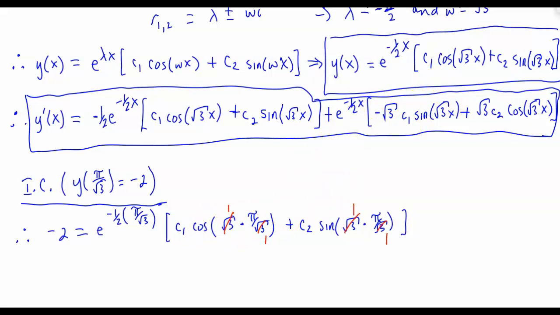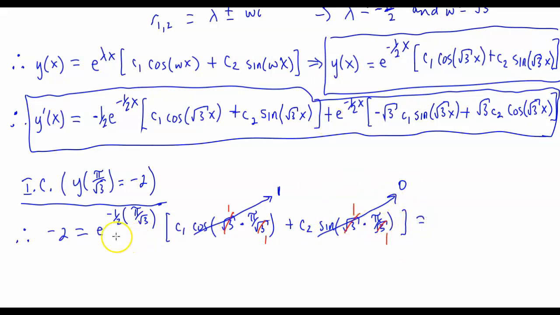And if you remember, cosine of pi is going to be -1. And sine of pi is going to be 0. So this cosine of pi here, all of this is just going to be 1. And all of this is just going to be 0.